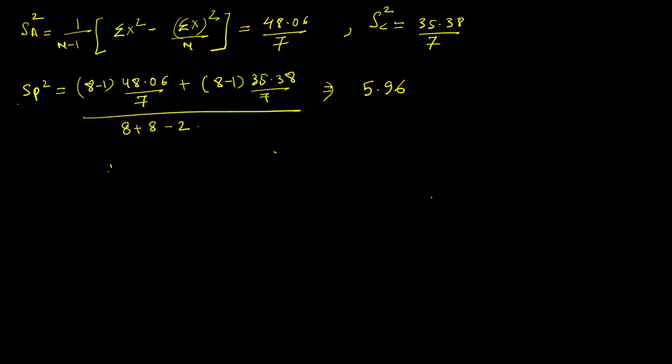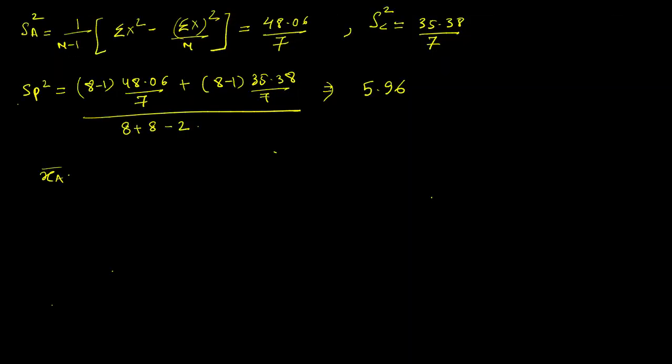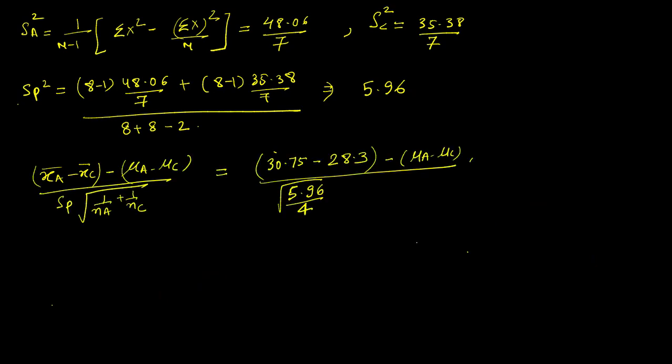Now this is our pivotal quantity. Just putting the values in the given equation, xa bar minus xc bar, it is distributed as t with 8 plus 8 minus 2 degrees of freedom.